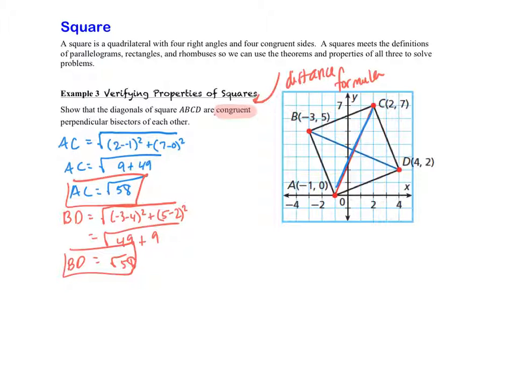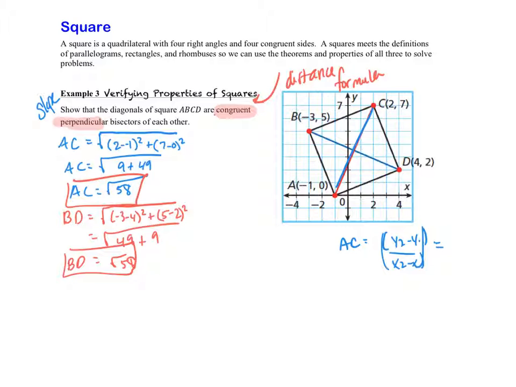Next, I want to see if they're perpendicular. That's the second word. Perpendicular. Well, to see if something's perpendicular, I need the slope to see if they're negative reciprocals. So I'm going to take the slope of AC. Slope is y2 minus y1 over x2 minus x1.